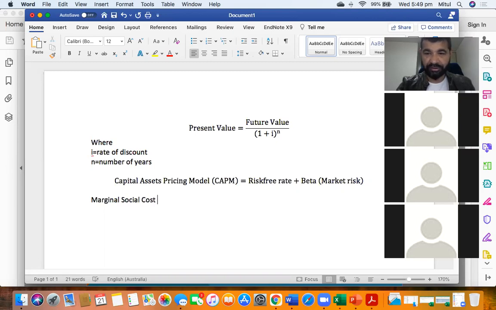Marginal social cost is equal to marginal private cost, production cost, plus negative externality.